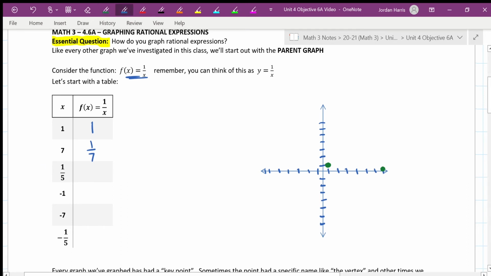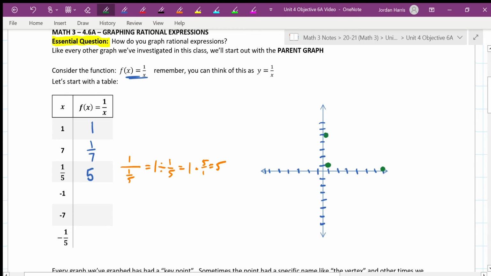Remember, if I have 1 divided by 1/5, that is 1 times 5/1, which is 5. So at an x value of 1/5, way over here, I'm at 1, 2, 3, 4, 5.